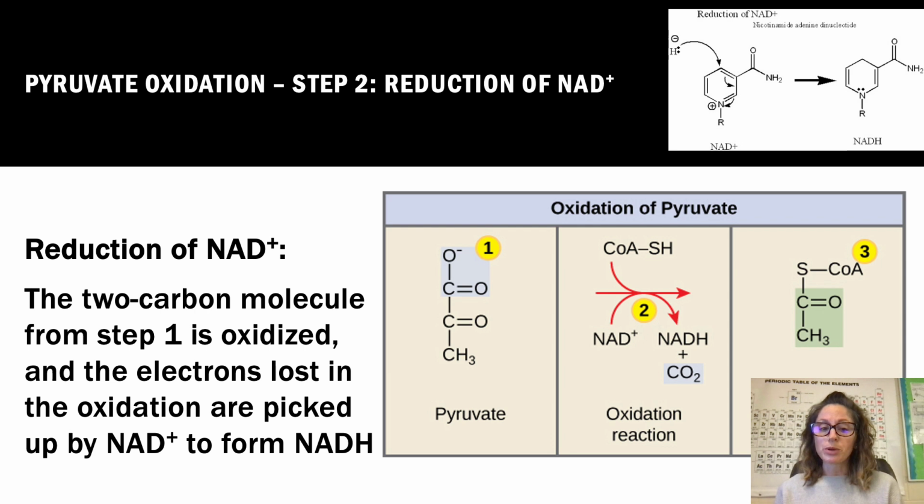And if you recall, whenever we have a reduction, we also have something that's being oxidized. So that two carbon molecule from the leftover of stage 1 gets oxidized. The electrons are being transferred from that two carbon molecule to NAD+, producing NADH.